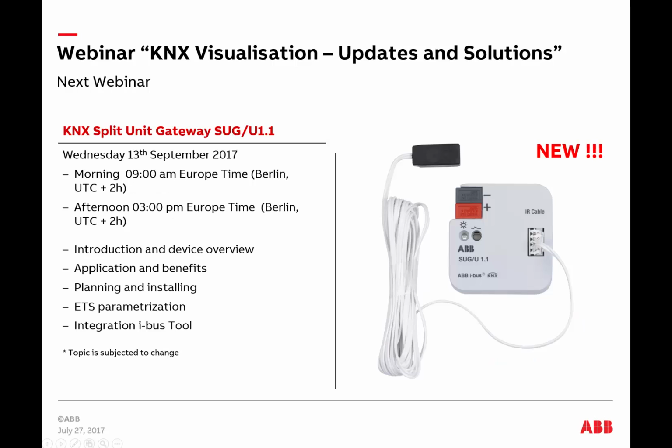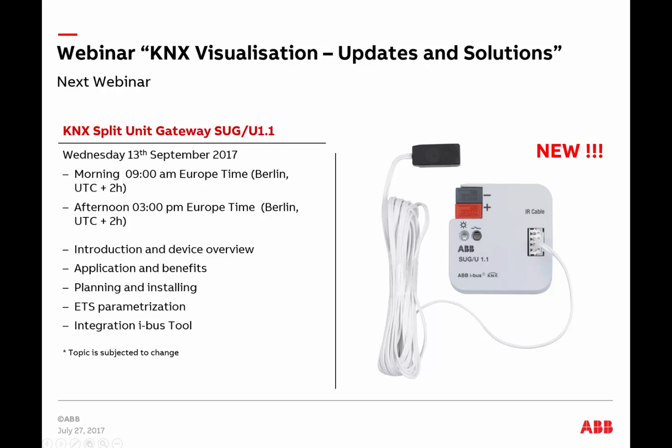Allow me to give you information for the next webinar, which will be on the 13th of September. We will have a small summer break in August. So Wednesday, the 13th of September, at the typical hours, 9 o'clock and 3 o'clock, we will talk about a really new device coming, most probably at the end of August.